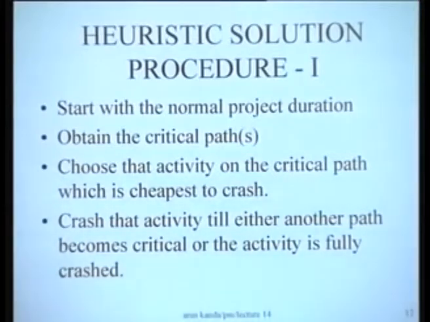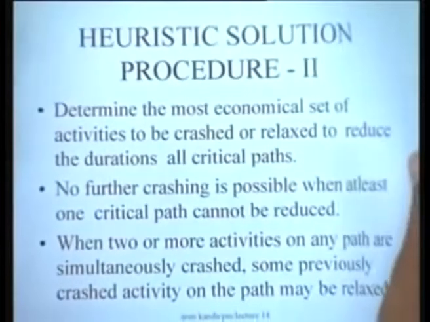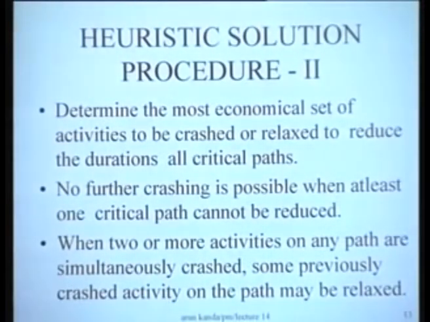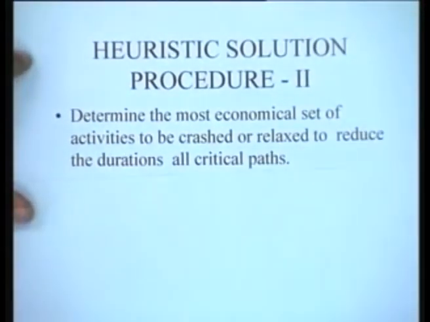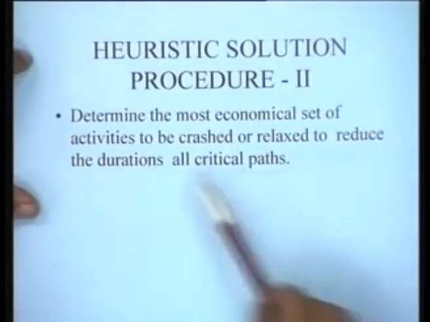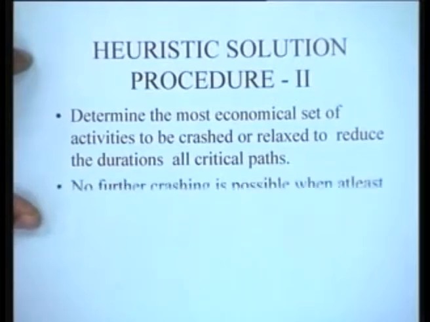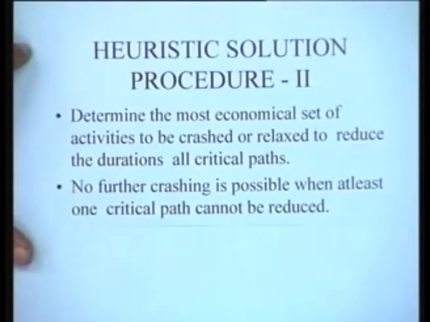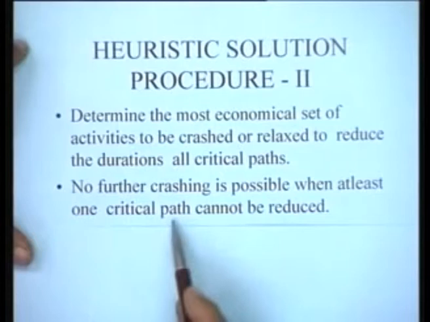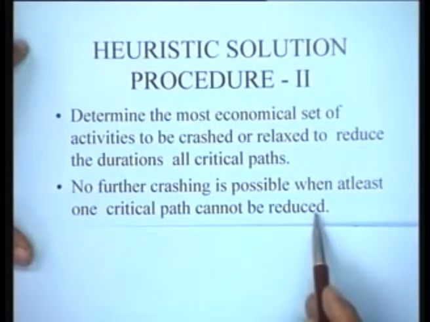This kind of behavior, and then we would determine the most economical set of activities to be crashed or relaxed to reduce the durations of all the critical paths, and then no further crashing is possible when at least one critical path cannot be reduced.